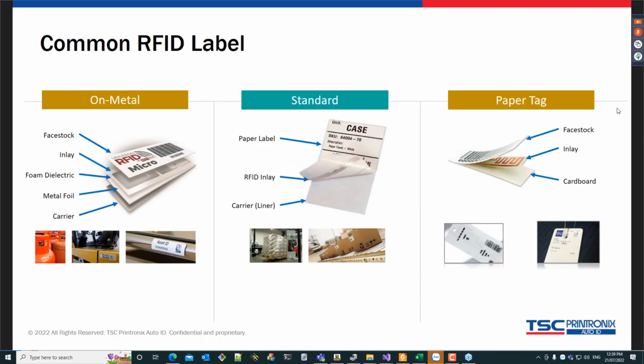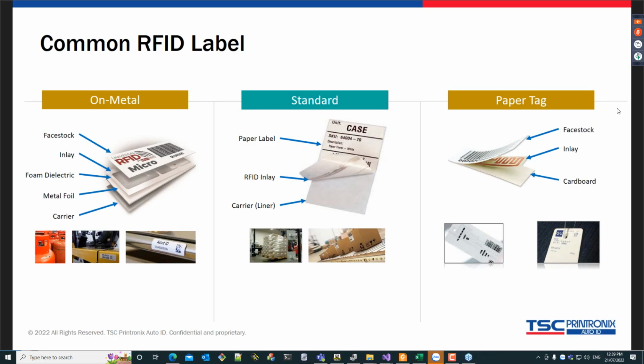Okay, and next, here are some common RFID labels that we will meet in our daily life. In the middle, you can see there's a sample tag. It just includes the paper label, and there's an RFID inlay on the label itself.